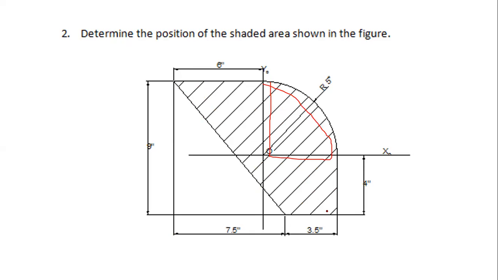And what we are going to compute is, determine the position of the shaded area. Meaning the centroid of this shaded area. So how are we going to compute that?